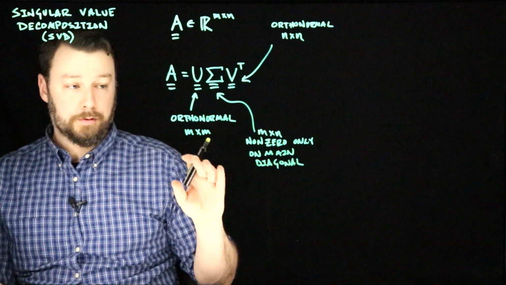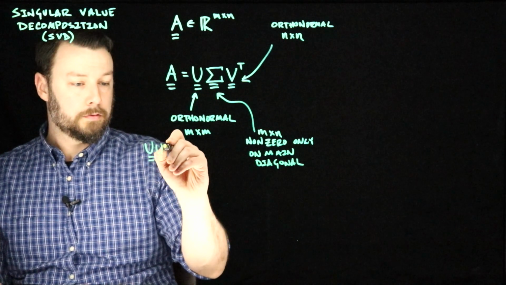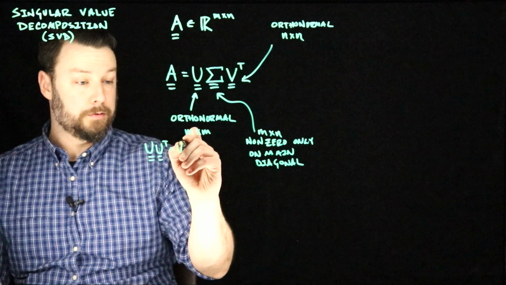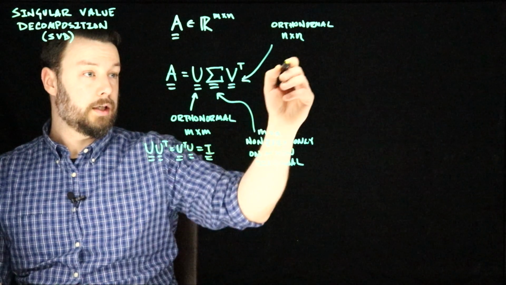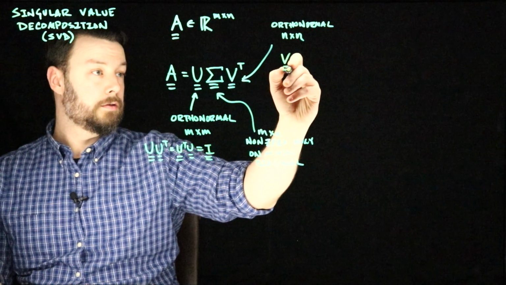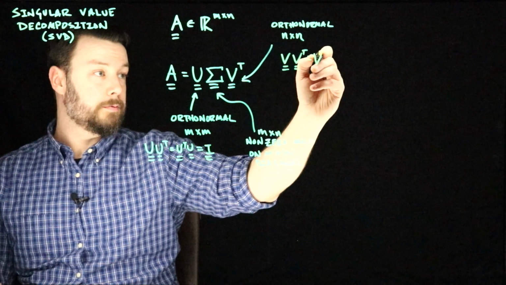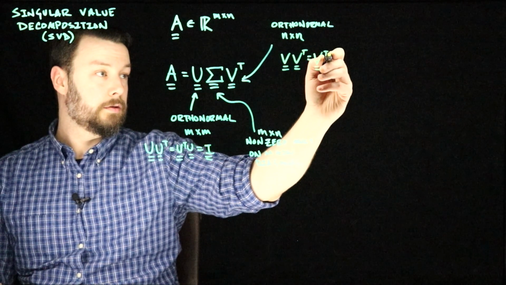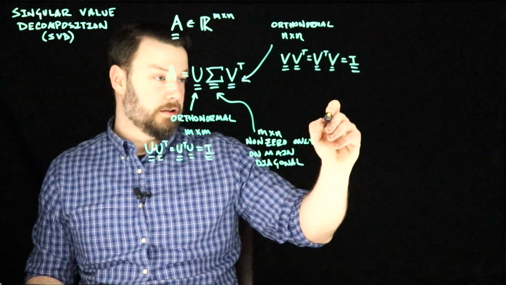So just to remind you, this means that U transpose U equals the identity, and V transpose V equals the identity. Sigma is the one that's a little bit weird.